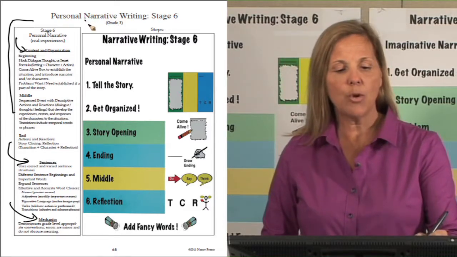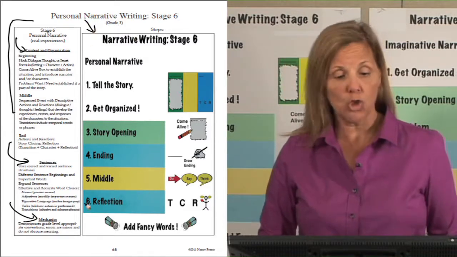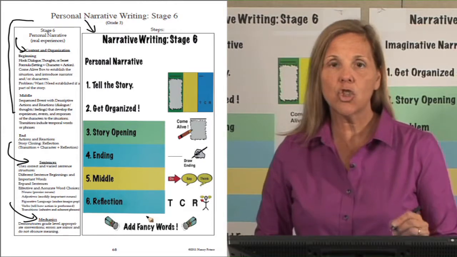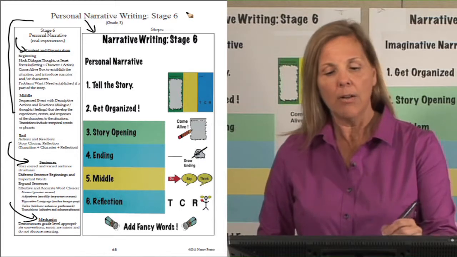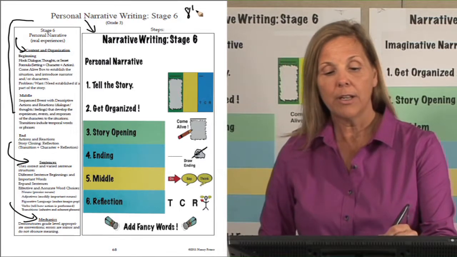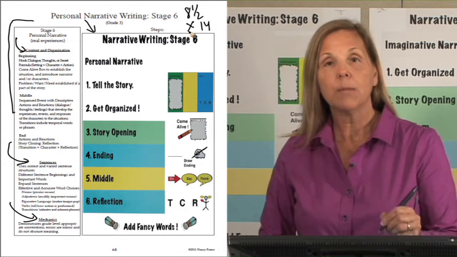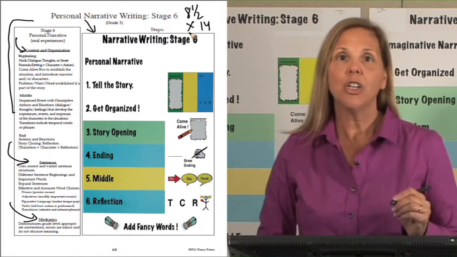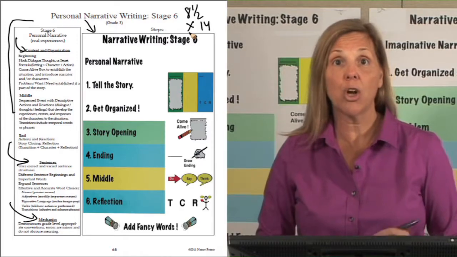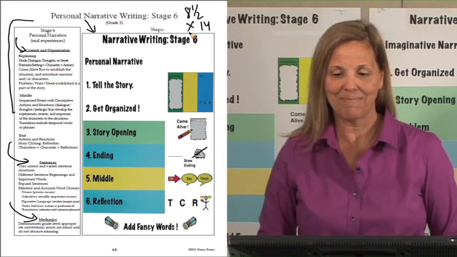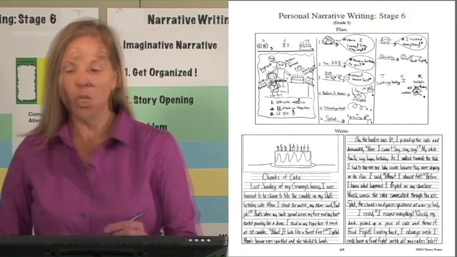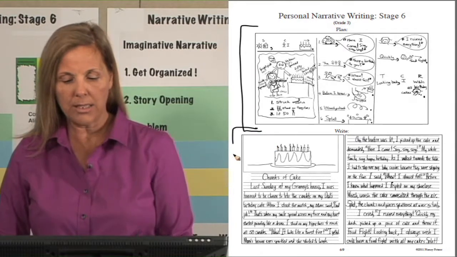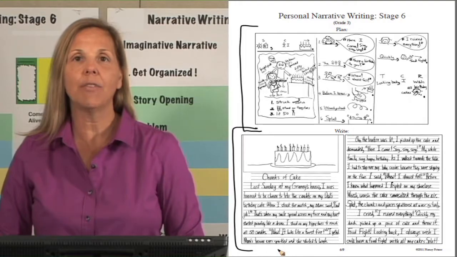Also on this page, you have an at-a-glance chart that you would display for the students to see. This chart can be downloaded on an 8.5 by 14 piece of legal size paper in color. You can get this download in your table of contents in this online training. On the next page, you will see a sample organizer a child filled in, as well as a piece of writing at the end of the lesson.